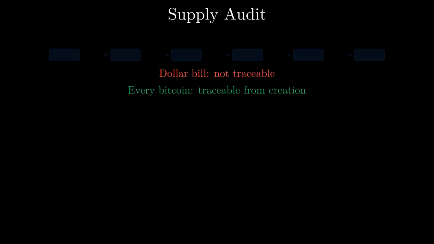The traceability you just demonstrated, following inputs backwards through history, makes Bitcoin supply independently auditable. No other monetary system offers this. You cannot trace a dollar bill from the Federal Reserve press to your wallet. But every Bitcoin that will ever exist can be traced from its creation in a coinbase transaction to wherever it sits today.